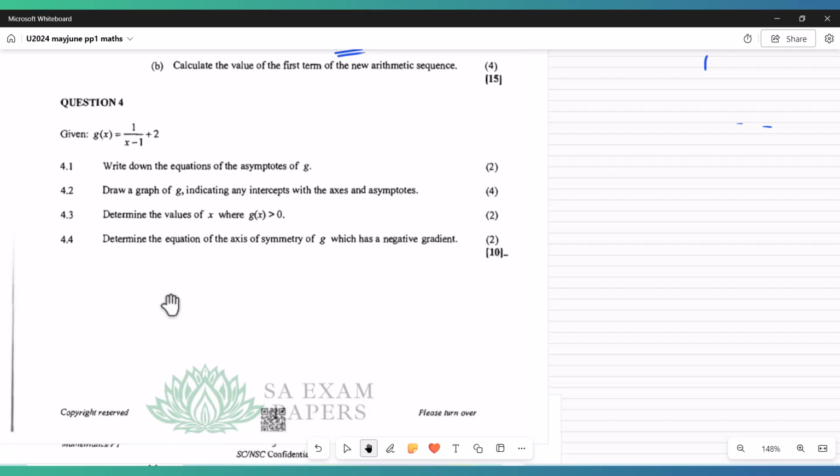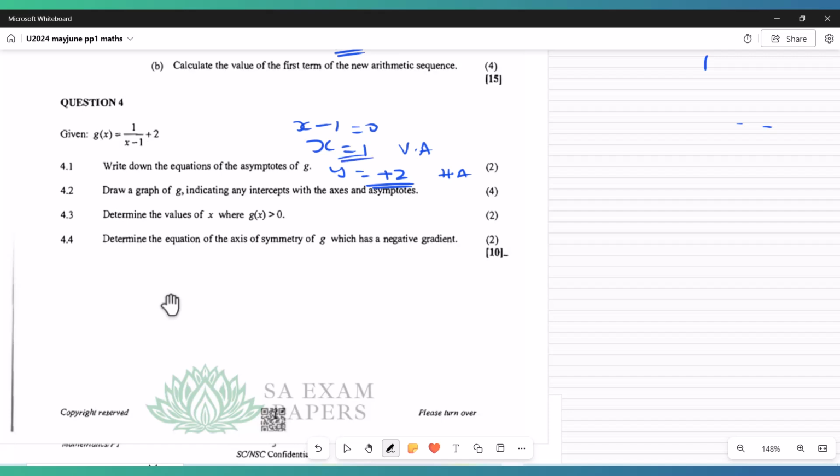We know this is a hyperbola, whereby for the asymptotes we just equate x minus 1 to 0. So x minus 1 equals 0 gives x equals 1 as my vertical asymptote. Then for the horizontal, we just take whatever is here, so y equals positive 2 is my horizontal asymptote. So you have these two answers.